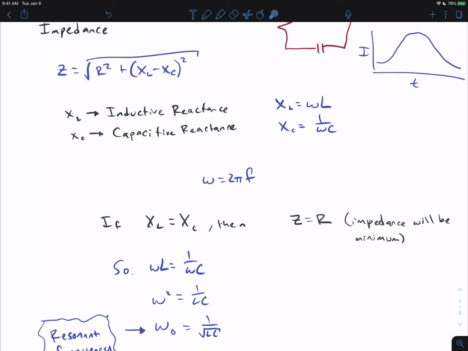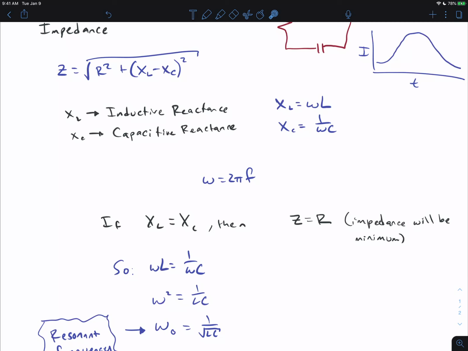Because you can see here that no matter what comes out here, it doesn't matter if it's minus 10 or 100. It doesn't matter if it's negative or positive, whatever value comes out of subtracting these two things. Once we square it, it will always be a positive number. And then if I add a positive number and a positive number and square root it, it'll always be bigger than whatever R is by itself, okay?